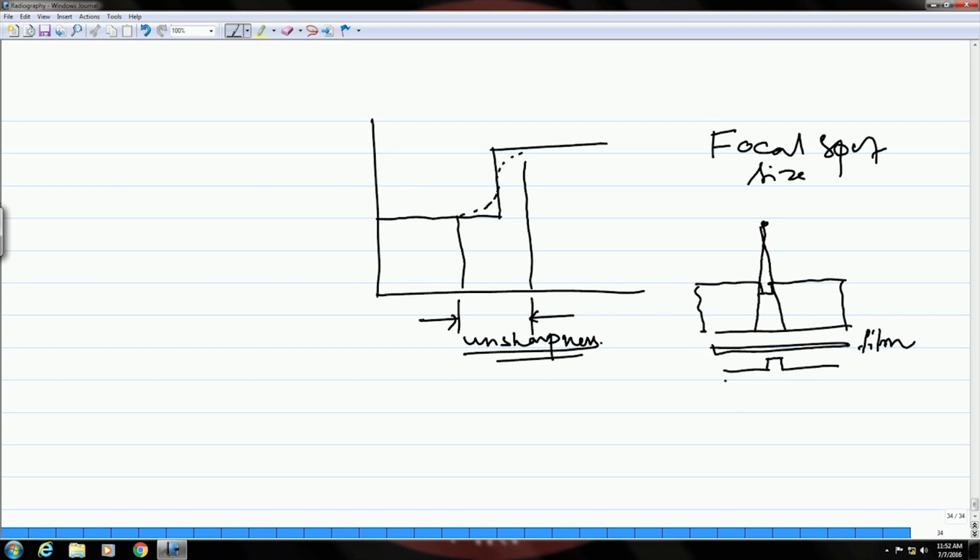So, this is actually the density plot that you see on the image, because you are collecting the photographic density from different parts of the object, and that is what is being shown on the X-ray film image as contrast.